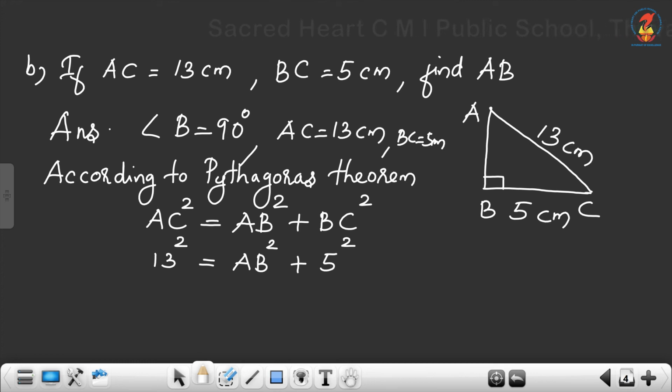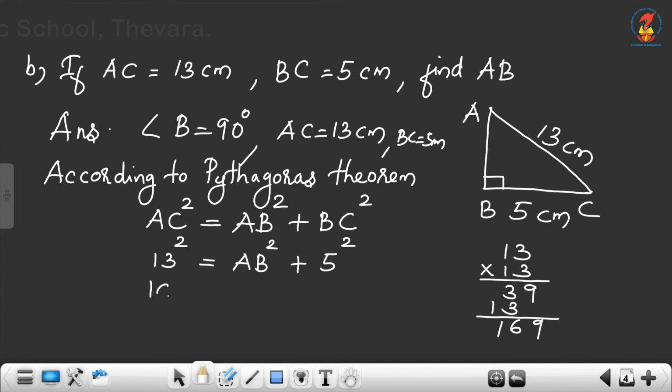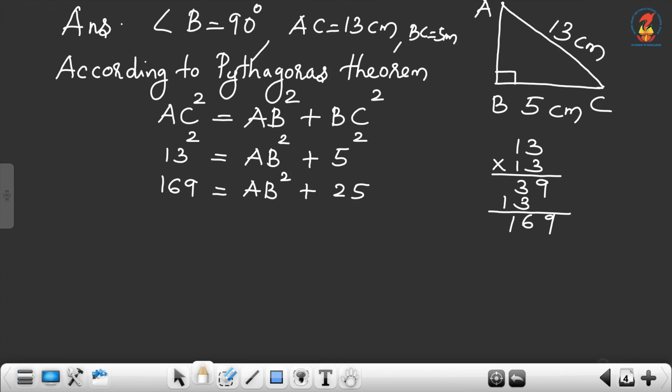Now what is 13 square? 13 into 13 is 169. So 169 is equal to AB square plus 5 square, which is 25. Therefore AB square plus 25 equal to 169.